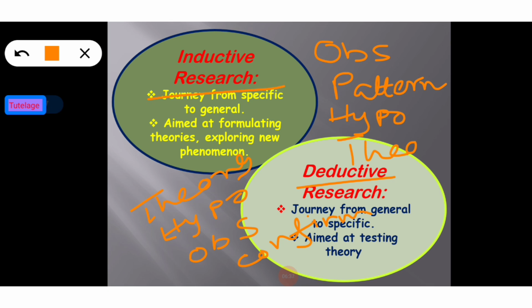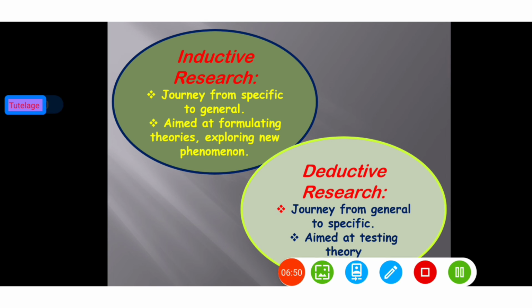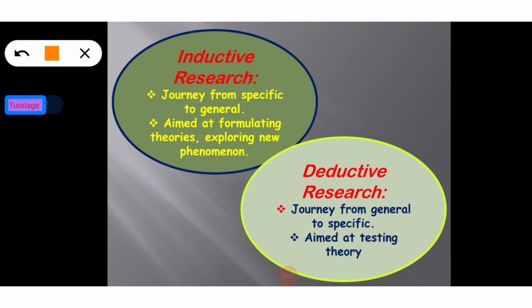And in the inductive research, first one is observation, second one is pattern, third one is hypothesis, and last one is theory. So in the inductive research, its journey starts from specific to general.